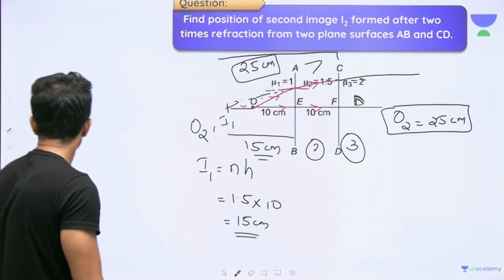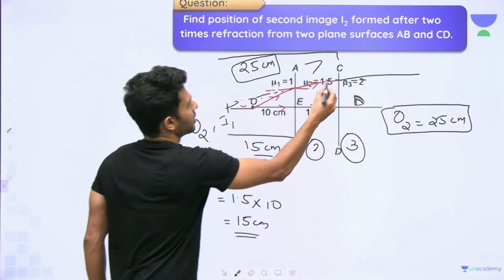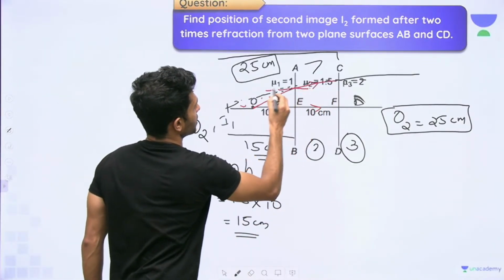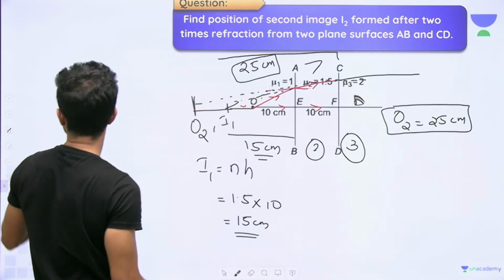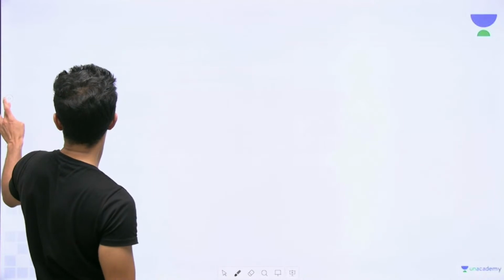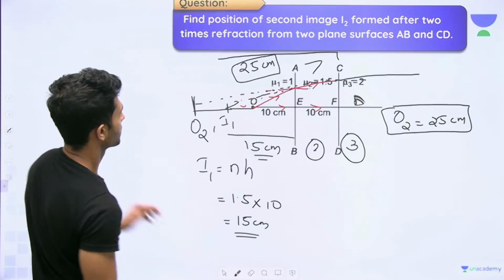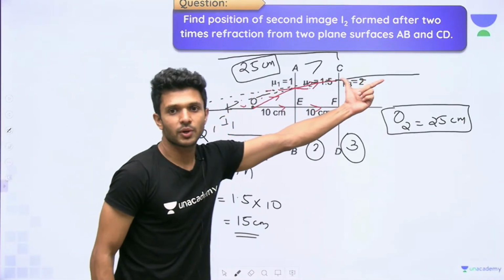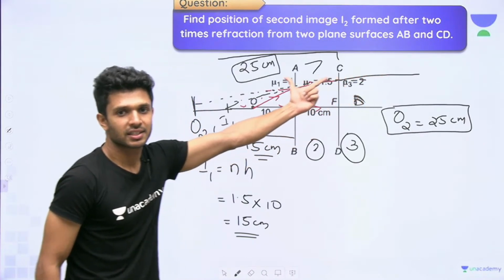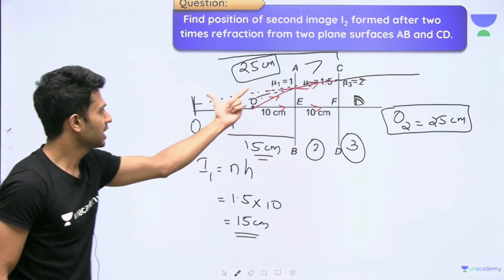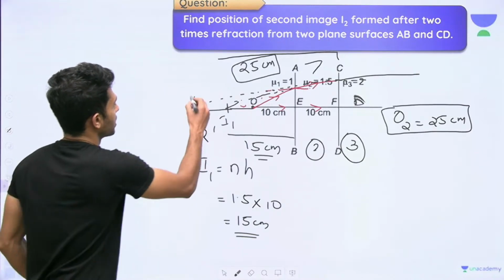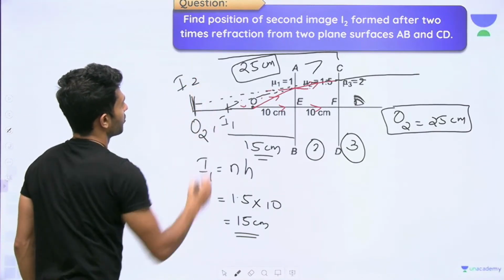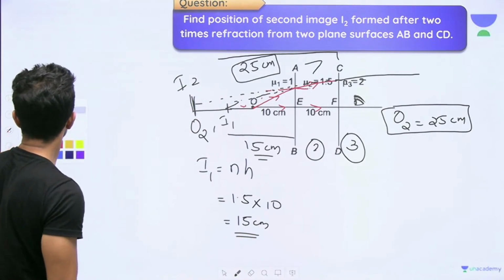If you try to find the image formation, you can see that it will meet somewhere around here. If you extrapolate this, you will see that the light rays are going and meeting somewhere at a larger distance, here where I2, the final image, is actually formed.